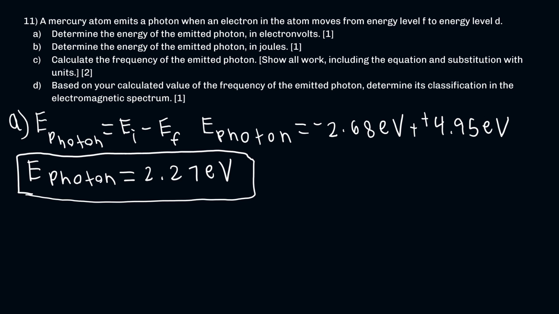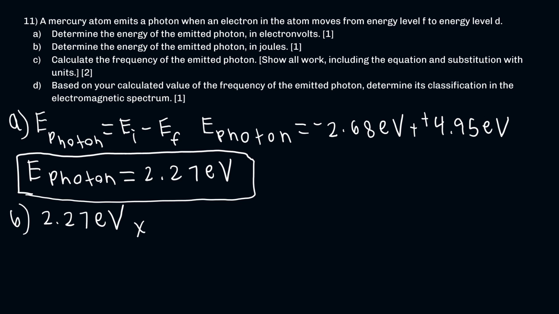So now we're going to figure out what this energy is in joules, so part B. This is my conversion from electron volts into joules. So again, we're going to go to the front page of the reference table and figure out what this conversion is going to be. I'm looking here, I have my energy, that is 2.27 electron volts. I now want to get into joules.